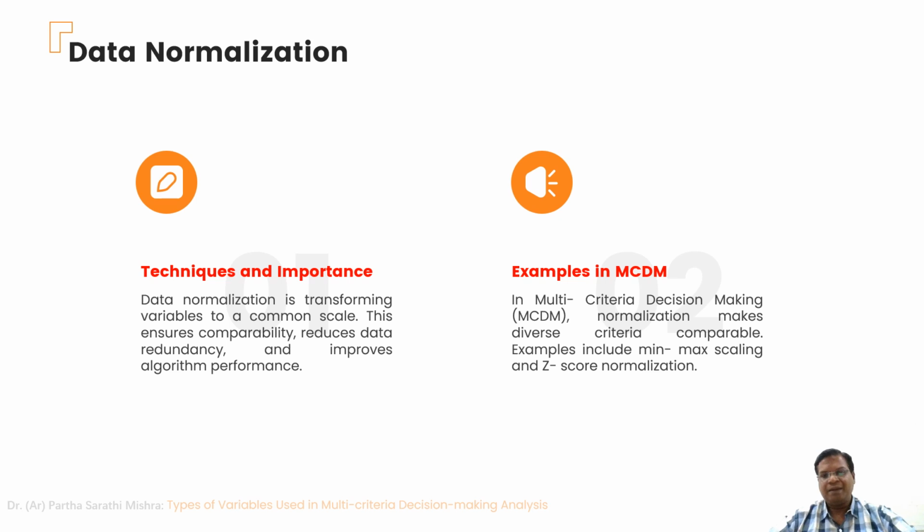So how do we make them common ground, so that we can either make all the units the same scale, or make them unitless? That's why data normalization is always required, to reduce redundancy and improve algorithm processes. For example, in MCDM, normalization makes diverse criteria comparable. Examples include min-max scaling or z-score normalization methods. Standardization methods are there. We can see them through examples in the near future.